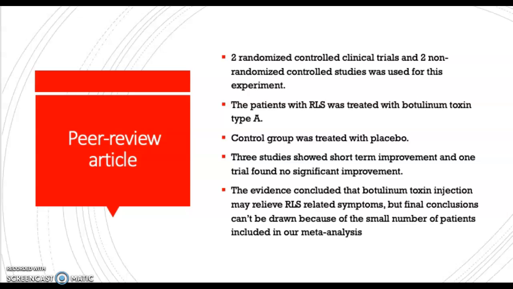RLS stands for restless leg syndrome, as I just mentioned, a condition that causes an uncontrollable urge to move the legs, usually because of uncomfortable sensations. It typically happens in the evening or nighttime hours when you're sitting or lying down. Moving eases the unpleasant feeling temporarily. The control group was treated with a placebo. This was done so the control group would be eligible for analysis.